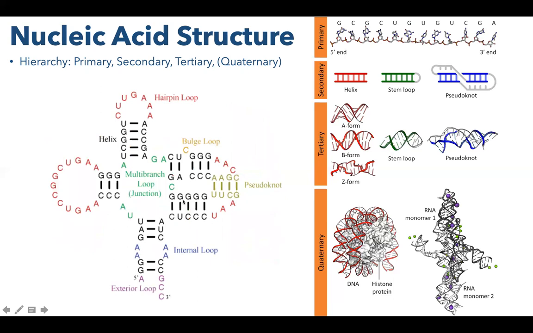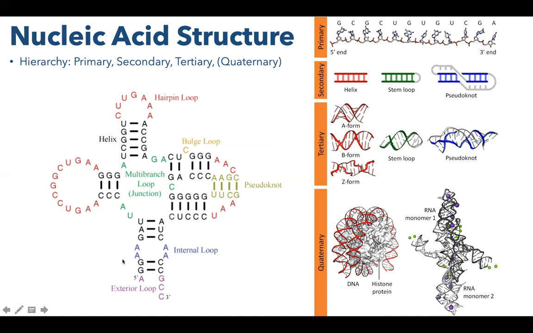In addition to this, there are some terms used to describe three-dimensional or secondary structure in RNA molecules. So you are now familiar with the stem loop or the hairpin loop and also the pseudoknot.